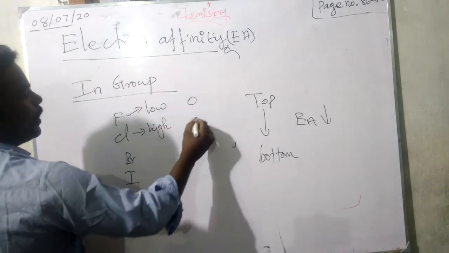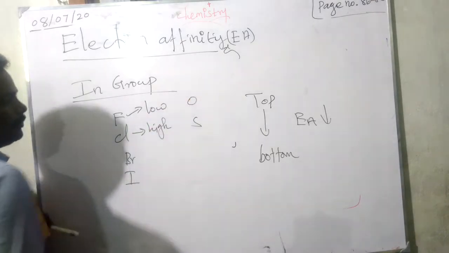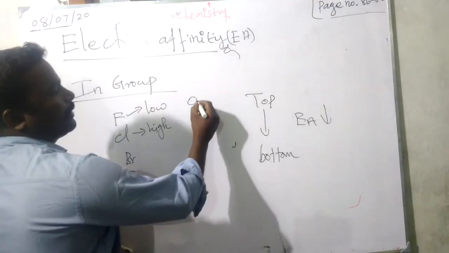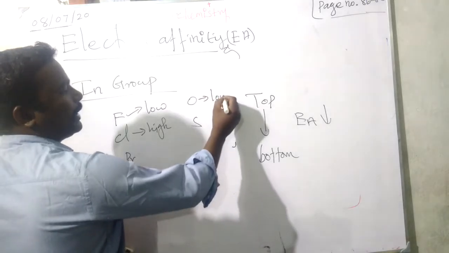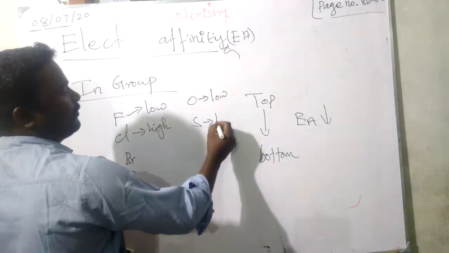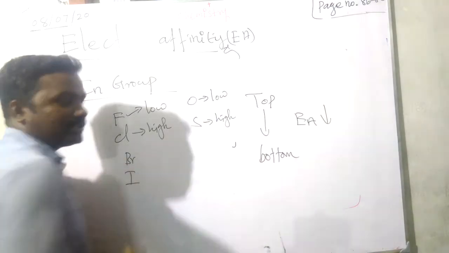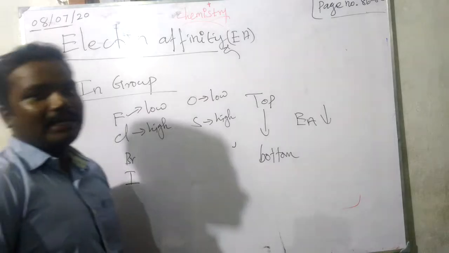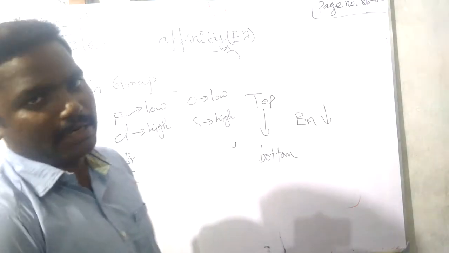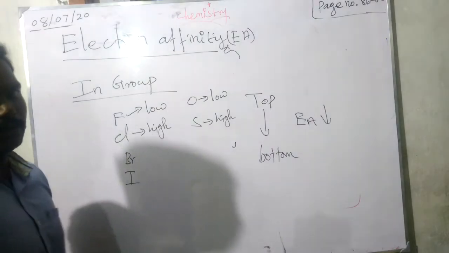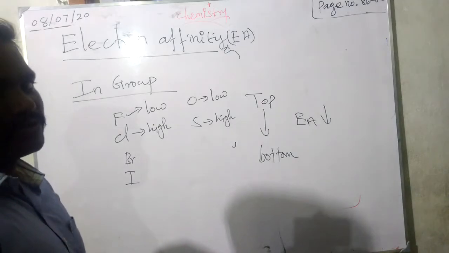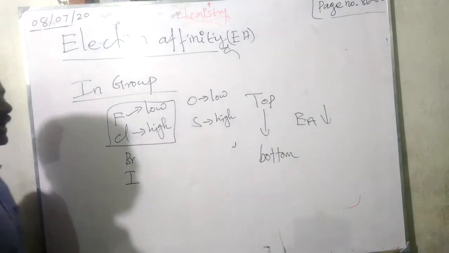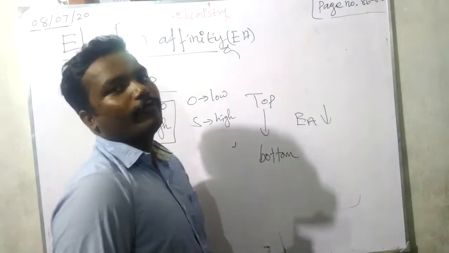In the same way, oxygen and sulfur, from top to bottom it should have less electron affinity, but oxygen has lower electron affinity than sulfur. So it may be a separate question, my dear students. Why does fluorine have less electron affinity than chlorine? They may ask it in the previous 12th. Because of the book change, in the new book you may have the question.